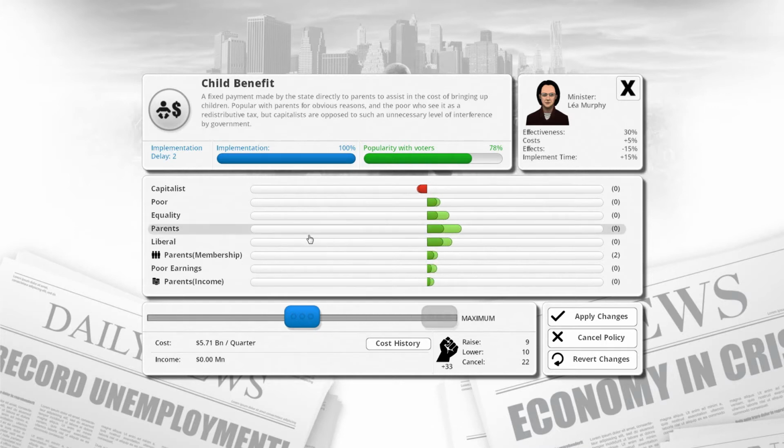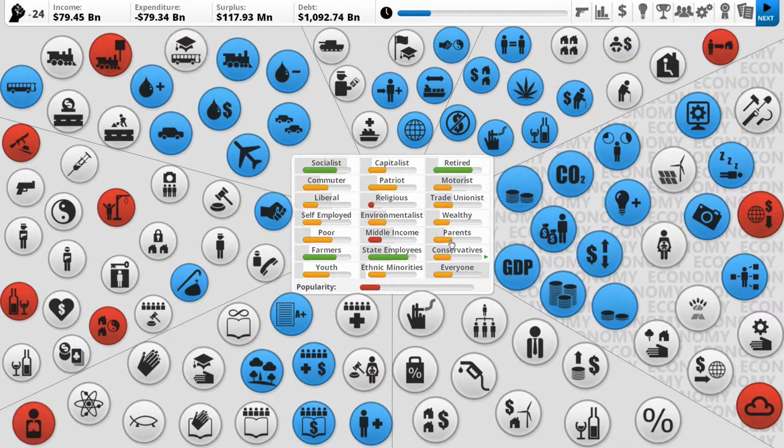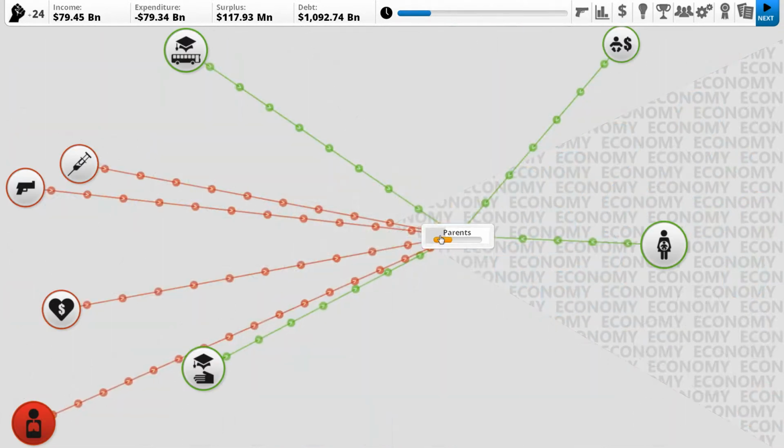So yeah, let's raise this a few billion, just get the liberals much higher. Capitalists aren't going to like that, but eh. This is going to create a lot more parents, too. And our parents could use some loving.